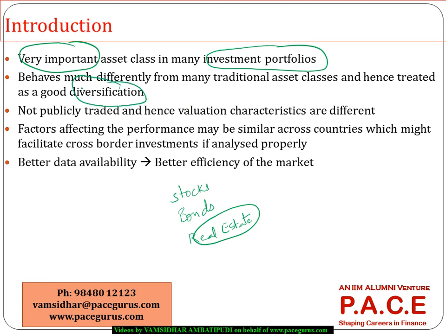The reason being, the way the prices in the real estate market behave is considered to be completely different, or probably opposite to what the traditional investments do. So there is a lot of difference in the characteristics of real estate as an investment compared to many other traditional investments, because of which real estate is perceived as a good diversification tool.